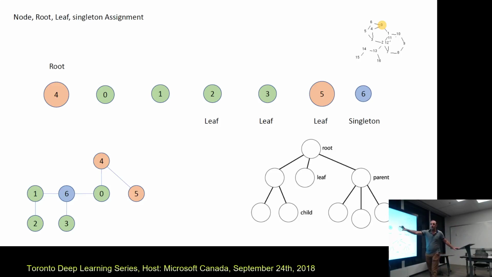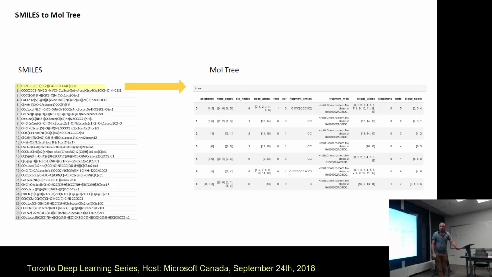The leaves are easy to detect. The only other thing is the singleton, which is assigned to the node that has one atom only. Now you've also labeled all your nodes. This is the amount of information that they are actually collecting.